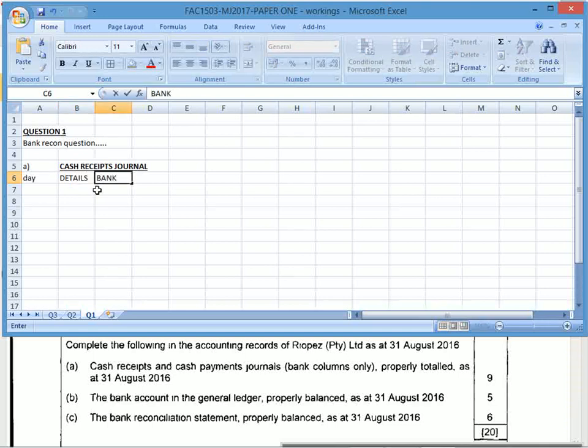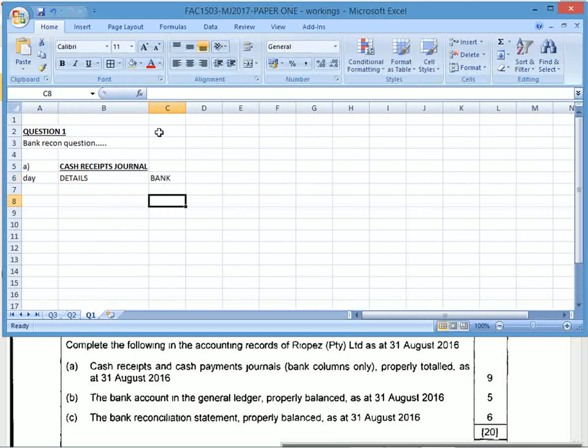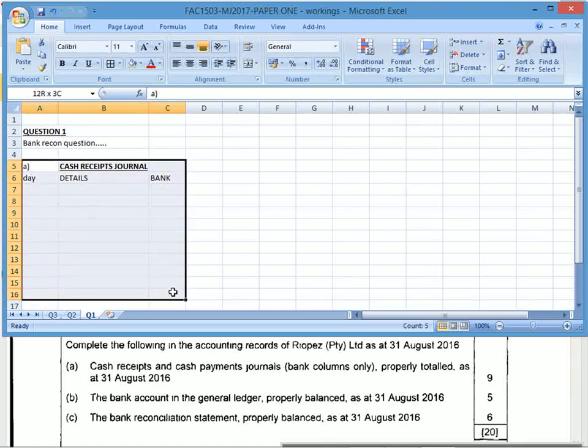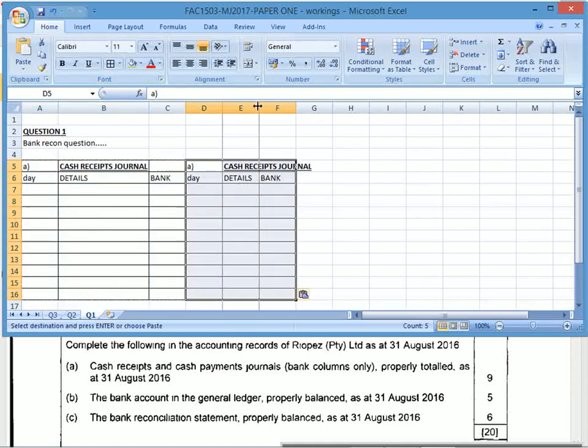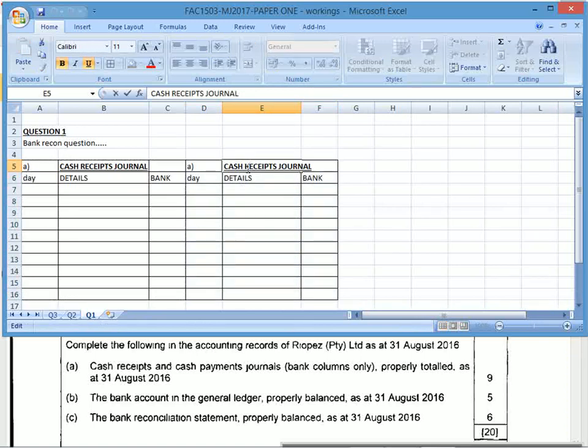That's all they wanted, right? That's what they said in the question. Right, so there's your first journal, and then you're going to need another one for cash payments. Cash payments journal, date, details, bank.